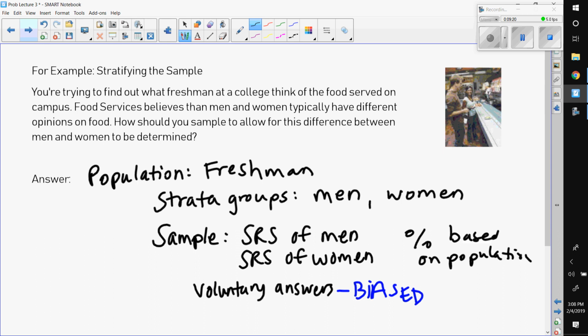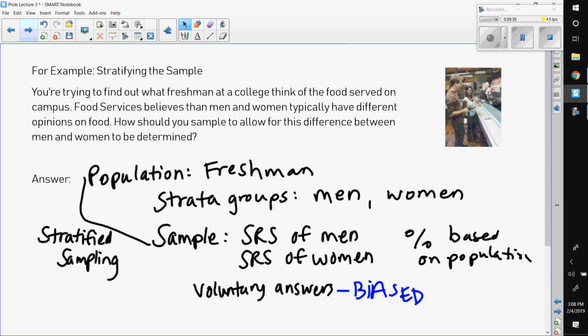The major thing here is that by identifying the population and creating these strata groups, I'm using stratified sampling. So even though we're using simple random sampling within this, since we broke them into groups before we did that, it's stratified sampling.